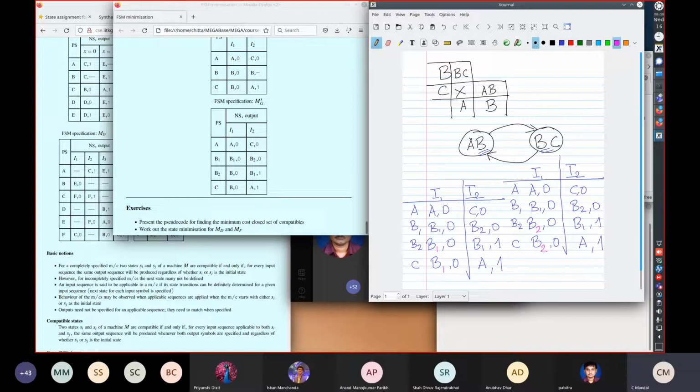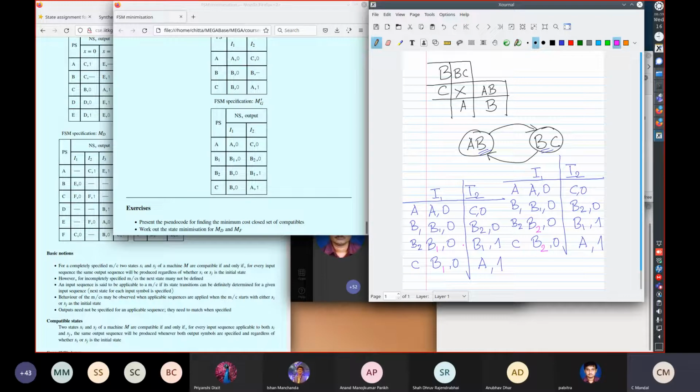These are the two options that you have for this B. Accordingly, you get two machines. So you understand the idea of state splitting.